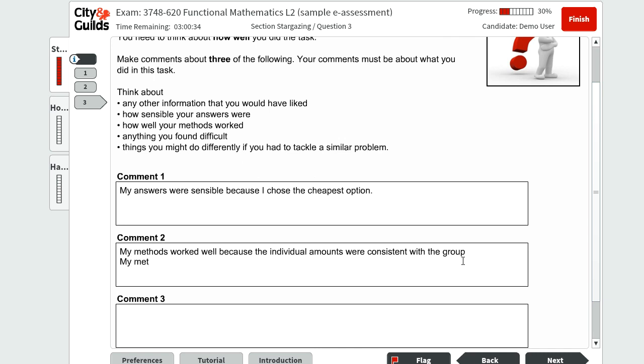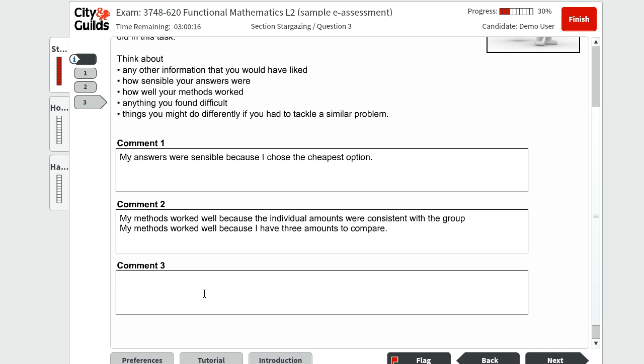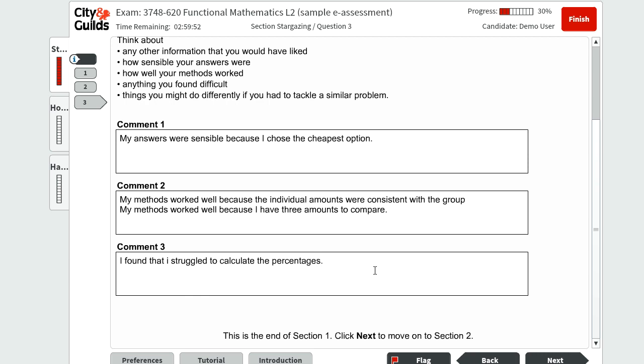Or you could say my methods worked well because I had 3 amounts to compare. You did have the 3 events. And the third comment, you could say I found that I struggled to calculate the percentages, because we've done a few.